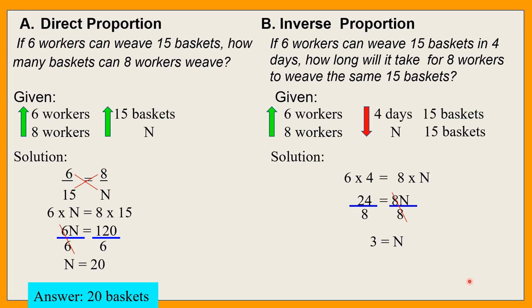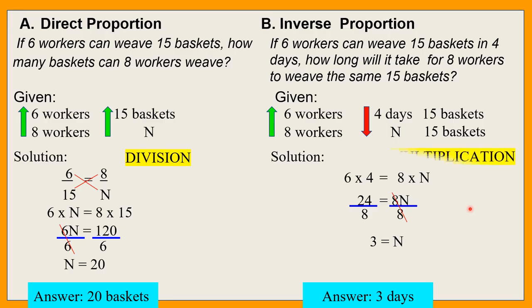So, ibig sabihin, kung 8 workers ang gagawa ng 15 baskets na ito, 3 days na lang nilang gagawin. So, di ba, bumaba yung number of days, umakyat dito yung number of workers. Yun yung ibig sabihin ng inverse proportion or sometimes called indirect proportion.